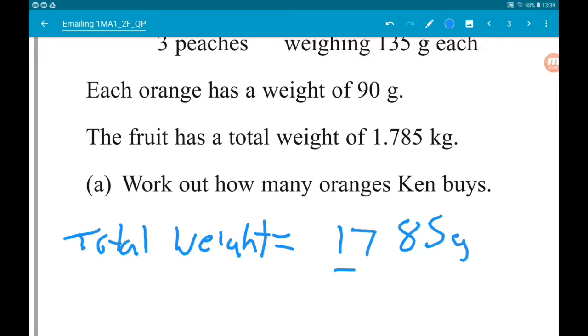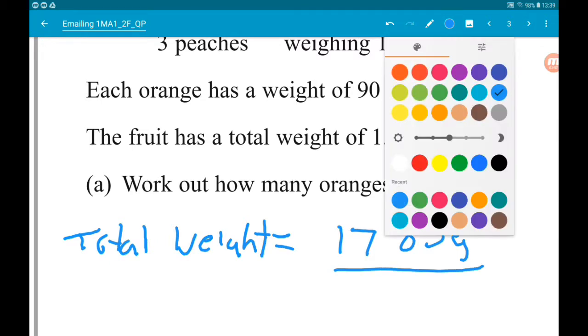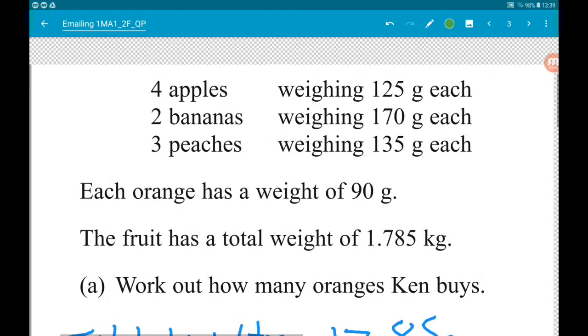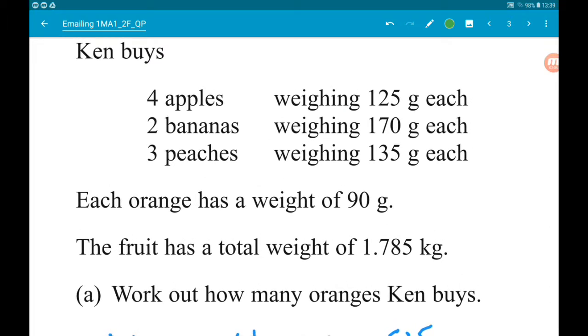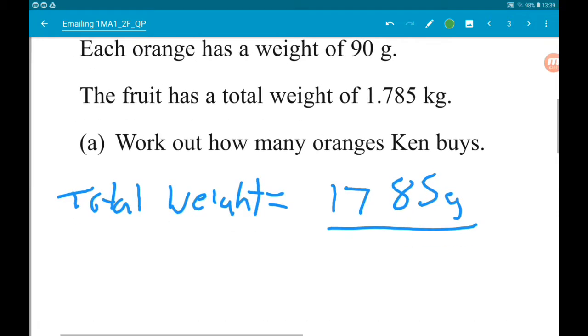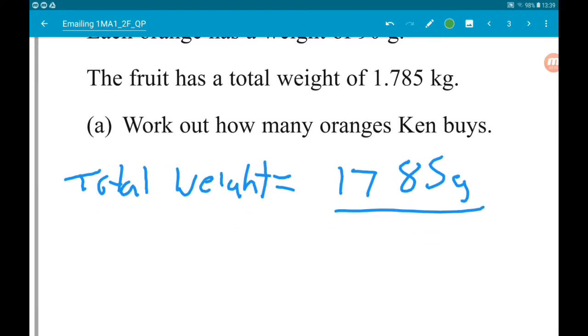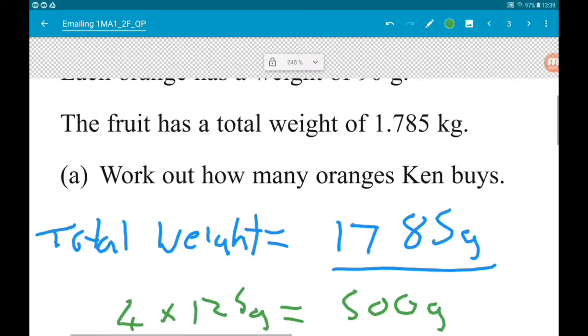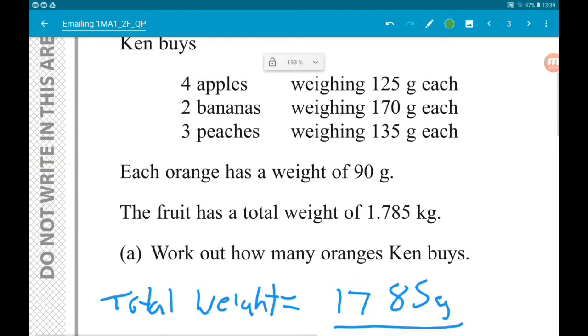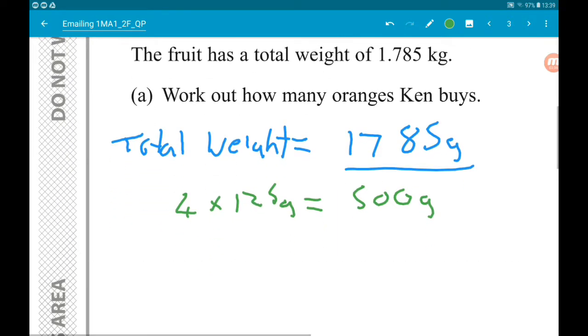Now then, the apples are going to be 4 times 125. That is 500 grams. And the bananas are 2 times 170. Remember it's a calculator paper.